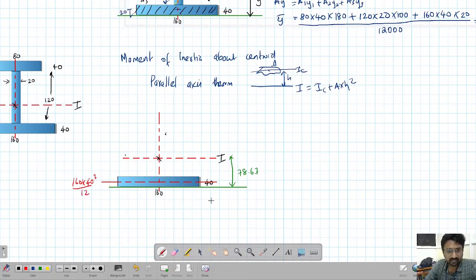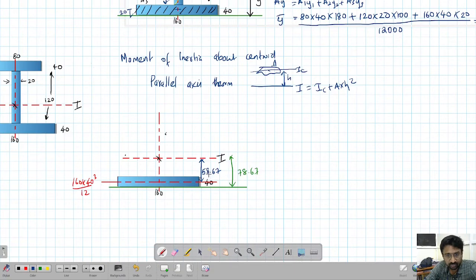Okay, and what is this distance? This distance also we can find. We know this distance is nothing but the total distance 78.67 minus 20, so it is 58.67. Okay, 78.67 minus 20. This is 20 because it is passing through the center.